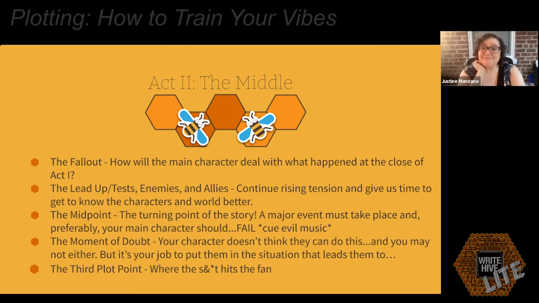And then that doubt and that self exploration should bring about the third plot point, which is, again, where the shit hits the fan. Meaning the character hits their lowest point, and that should launch us into Act 3.